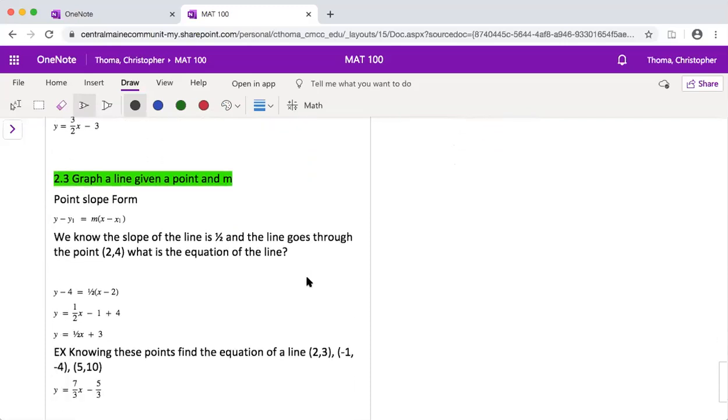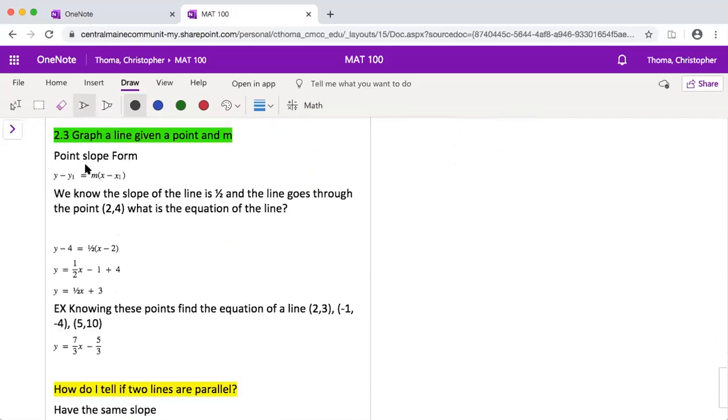Last thing I want to talk about is the formula point-slope form. The reason it's called point-slope form is that it has the slope, m, but then it has a point, y1, x1. So if we know this line has a slope of 1/2 and it goes to the point 2, 4, what is the equation of the line? Well, now I just substitute these things in. So remember, y and x are variables, so don't touch them.